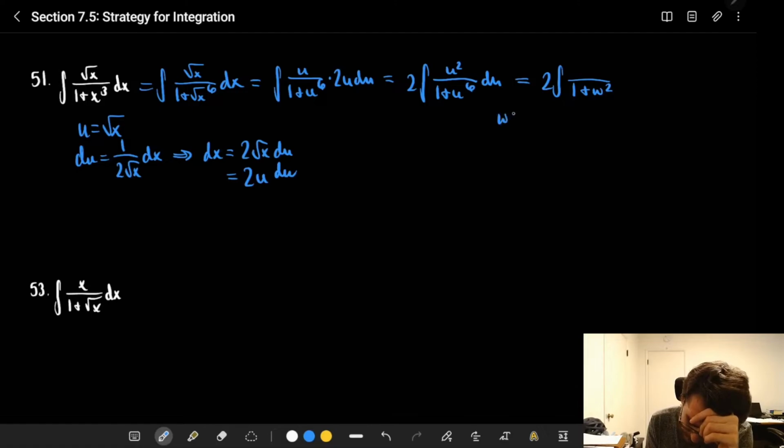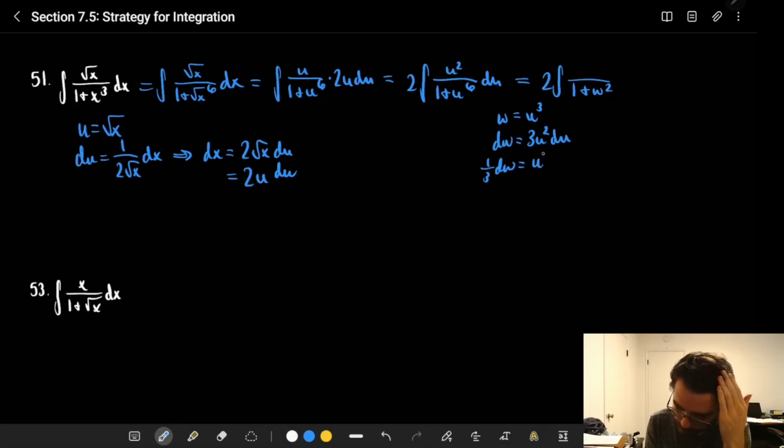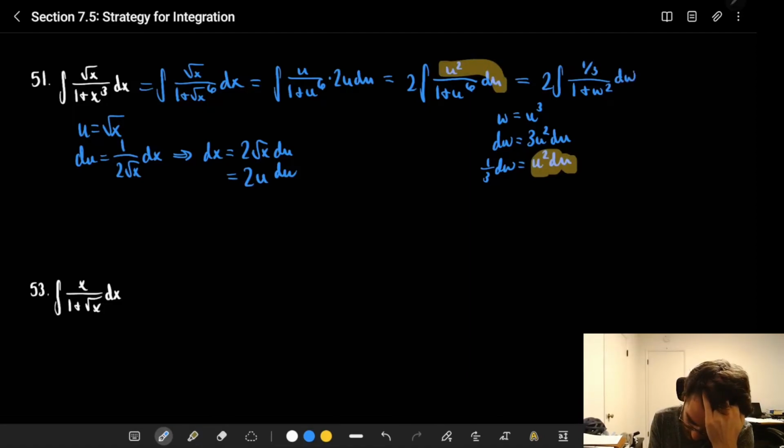So I could make the sub here of w equals u cubed to get, well, dw is some multiple of u squared. So, right, you need a factor of a third to correct things, but this u squared du is now 1/3 dw. So that works. Just double checking. Yeah. Good.